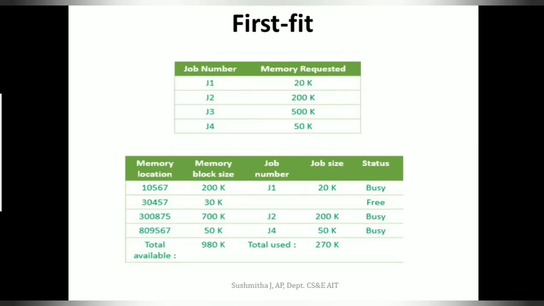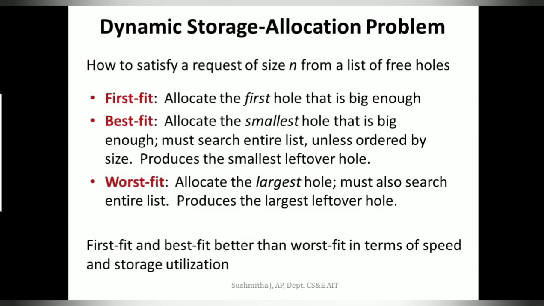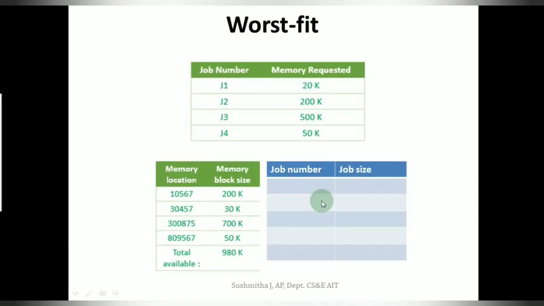The last algorithm that we have is worst fit. Now what does worst fit tell? You are going to allocate a hole or block that is the largest available. So again, let us see the illustration.